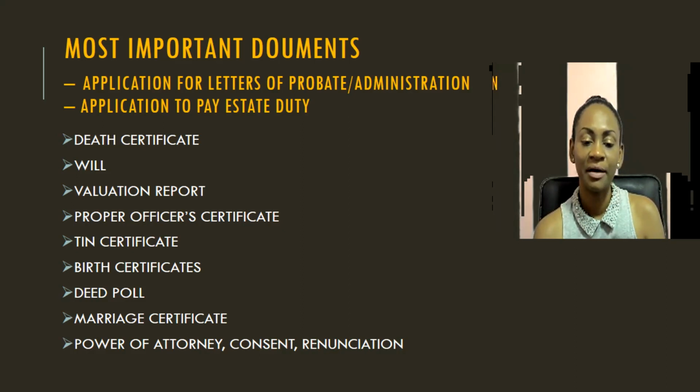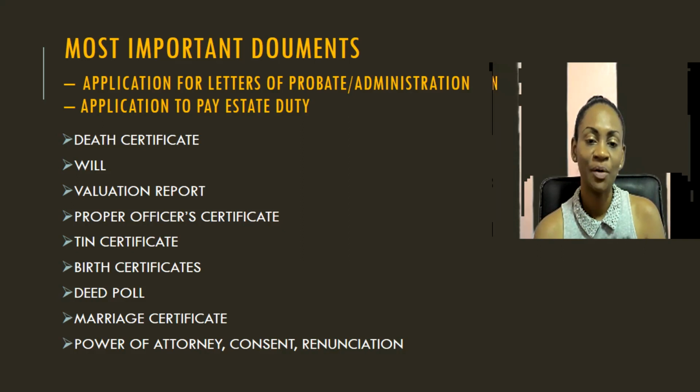You need consent. You may need renunciation if the administrator or the executor that is named does not want to take out letters of administration or probate. So these are the documents that you would need when dealing with estate duty.